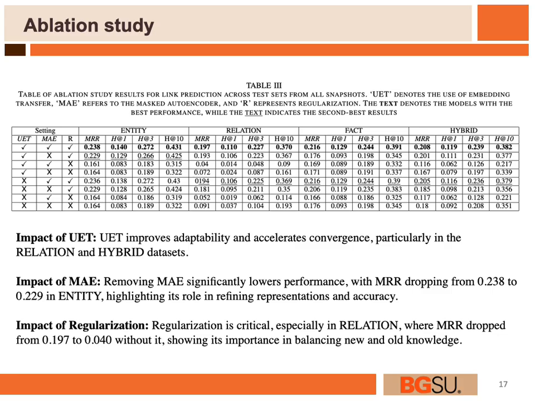UET improves the adaptability and accelerates the convergence, particularly in the relation and hybrid datasets. Removing MAE significantly lowers performance, highlighting its role in refining representation and accuracy. Regularization is critical, especially in relation, showing its importance in balancing new and old knowledge.